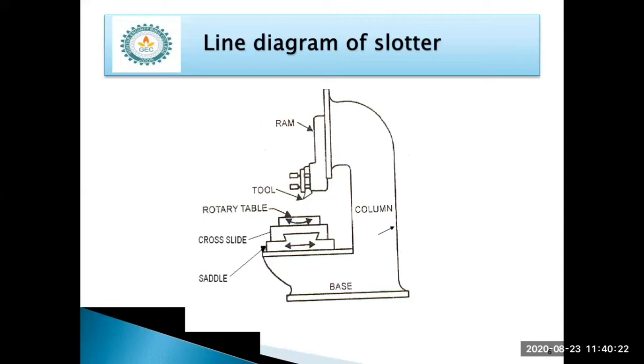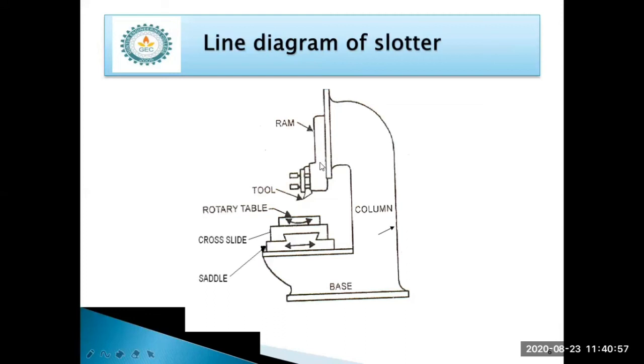And coming to the next, the saddle. It is mounted on the base and can be moved longitudinally on the guideways. And next one is the cross slide. The cross slide is mounted on the guideways of the saddle, and it moves parallel to the face of the column, that means perpendicular to the guideways on the base.